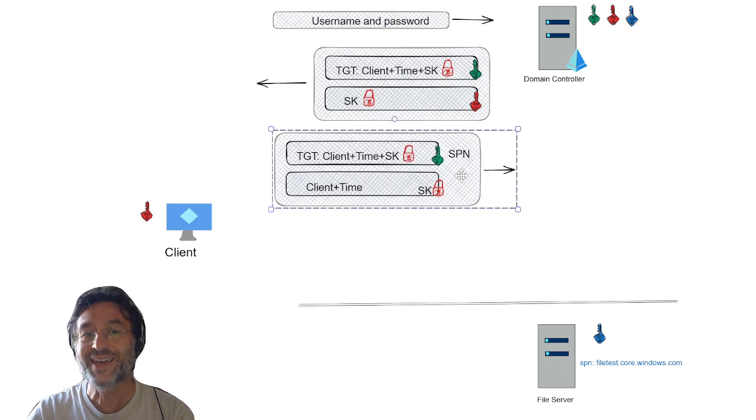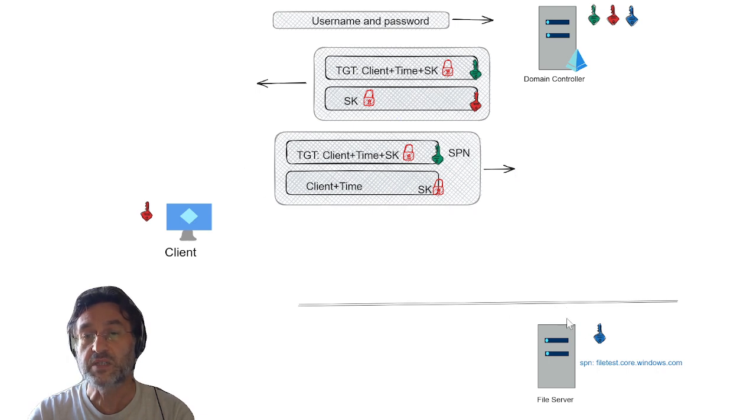The client can send a request to the domain controller for a service ticket to authenticate against the file server. The client sends to the domain controller the SPN, the information regarding the service he wants to connect to.